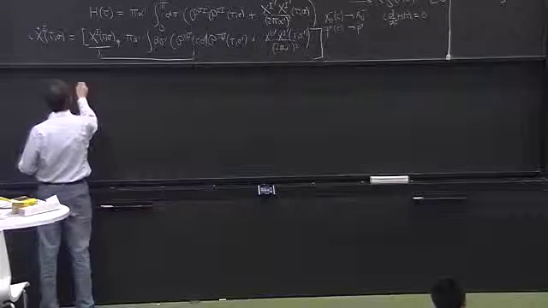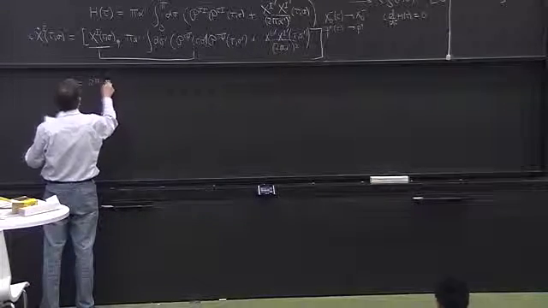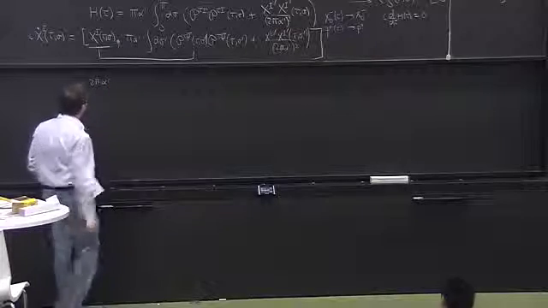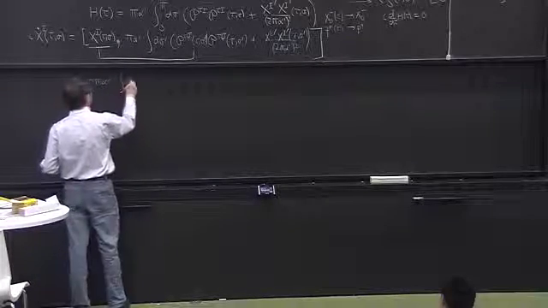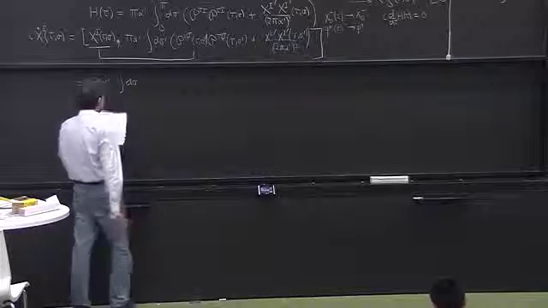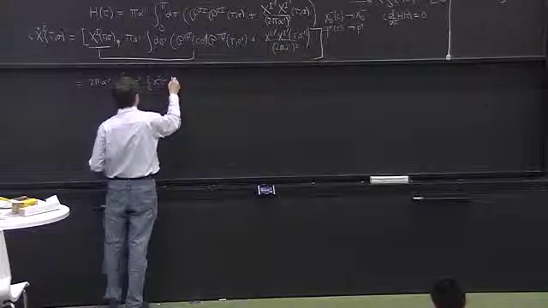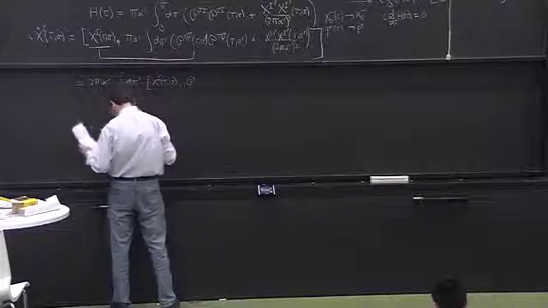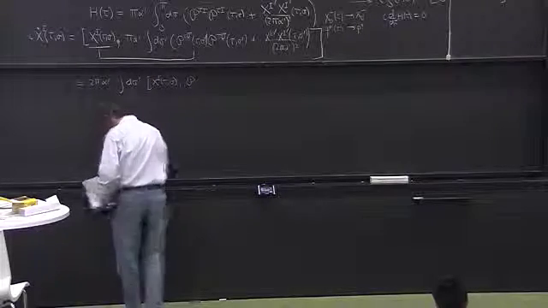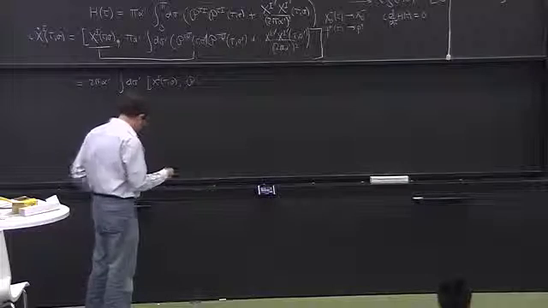So what do we get? 2 pi alpha prime, and then we have integral d sigma prime. Let me put the commutator here. X^I of tau and sigma.